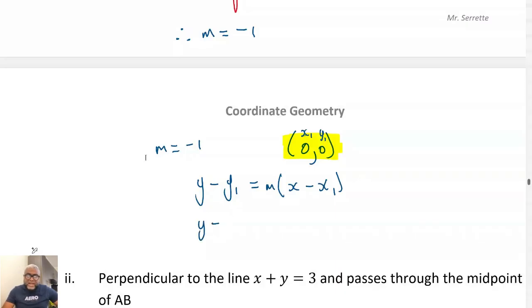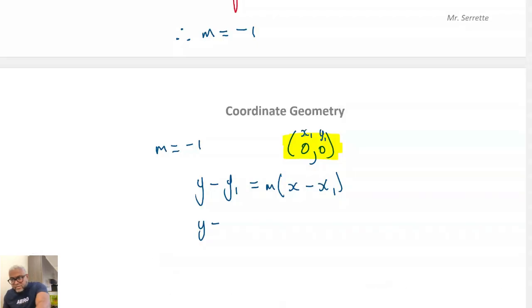So it will be y minus what? What is y1? y minus 0 is equal to m, which is negative 1, and open bracket x minus x1, which is 0. y minus 0 is y.